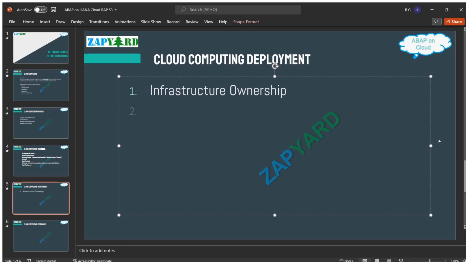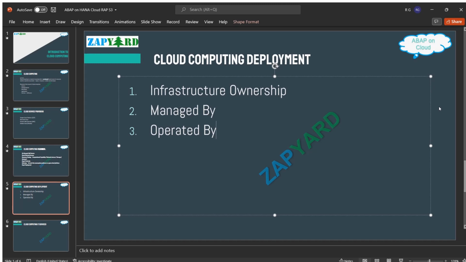Point number two is who manages them? Who manages these resources? So managed by. The third point is who operates it. So operated by becomes the third aspect to diversify the cloud deployment strategies.